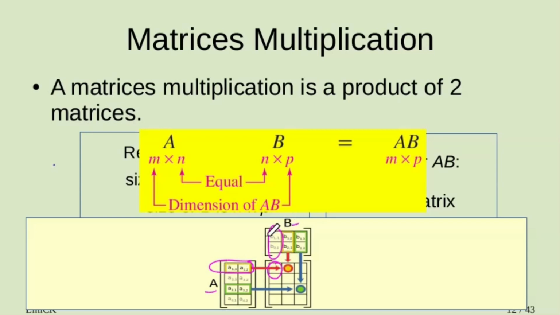For each element in this row 1 and column 1, you multiply them and then sum together. This one multiplied with this one, and so on, and the results of the multiplication you sum together to get this one.